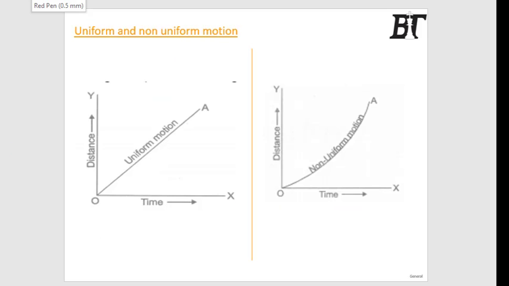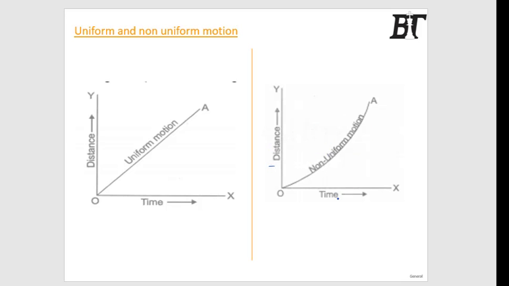After this, we studied the difference between uniform and non-uniform motion. A motion is called uniform when it moves with a constant velocity. In this case, the graph between distance and time or displacement and time would be a straight line. Whereas if the magnitude of velocity or the speed is changing, then what we get is called non-uniform motion.